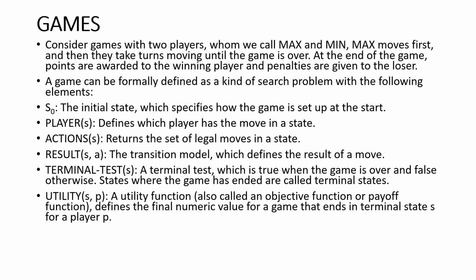So if max wins, then the utility(S, max) will be equal to +1, and if min wins, the utility will be -1. Max tries to maximize the utility and min tries to minimize the utility. So utility(S, P) is the numerical payoff of terminal state S for player P.